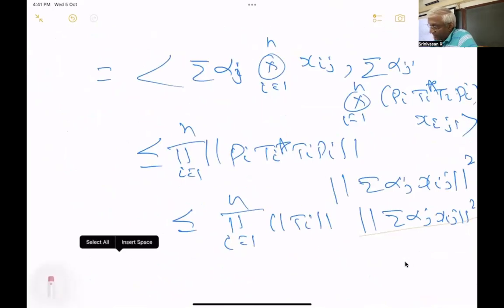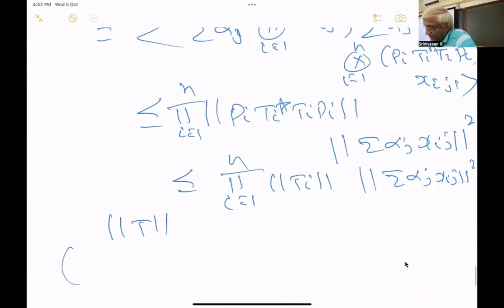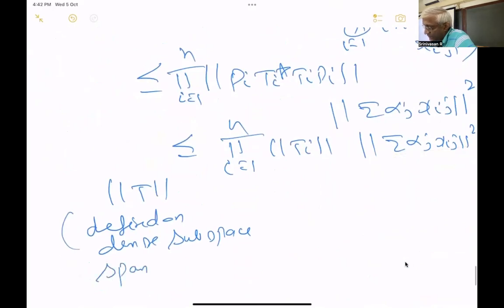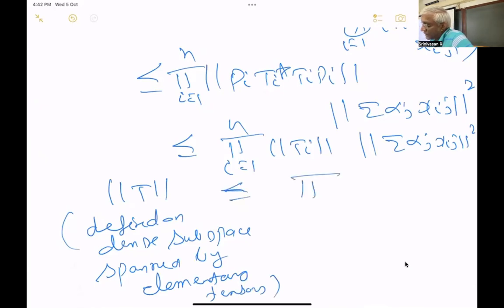These things will imply that the operator we have defined on the dense subspace, not on the whole space, the norm of T defined on the dense subspace spanned by elementary tensors, is less than or equal to the product over i equal to 1 to n of norm T_i. That's what we have proved.